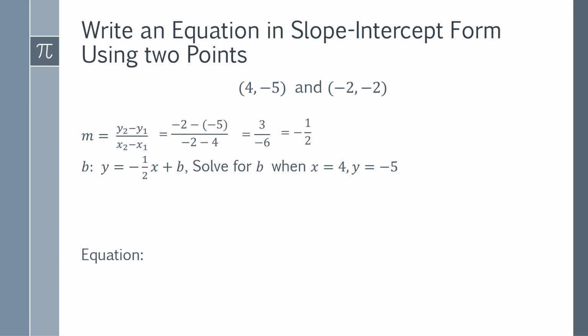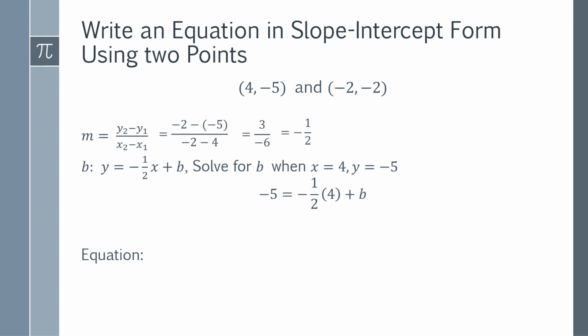And we're going to use one of our points here to plug into this equation to solve for b. So we're going to solve for b when x is 4 and y is -5. That's our first point. X is 4, y is -5. So I'm going to rewrite the equation here, substituting 4 for x, -5 for y.